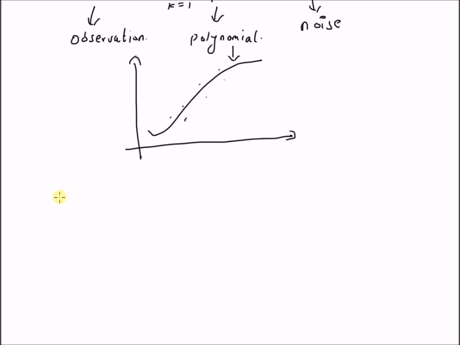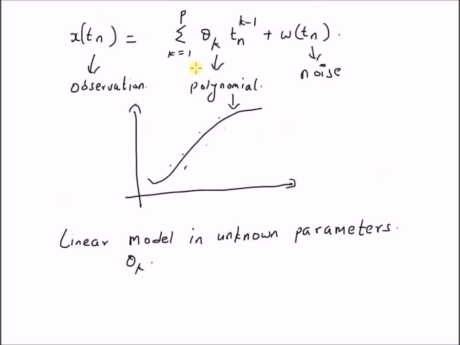So basically we are dealing with a linear model in terms of unknown parameters. That is, the parameters theta k's all enter this model linearly. That is, they do not have any powers other than 1.